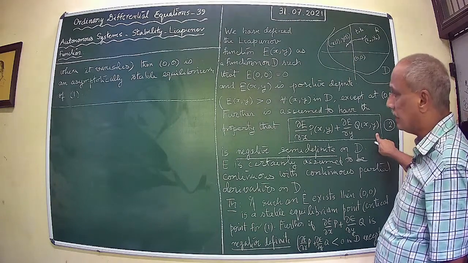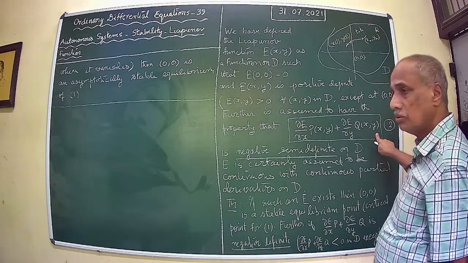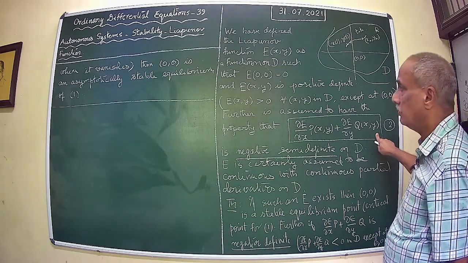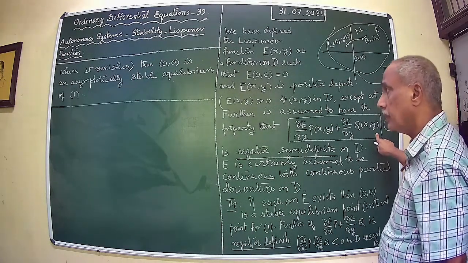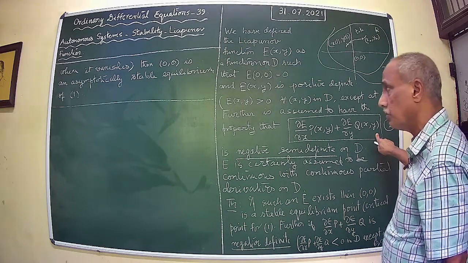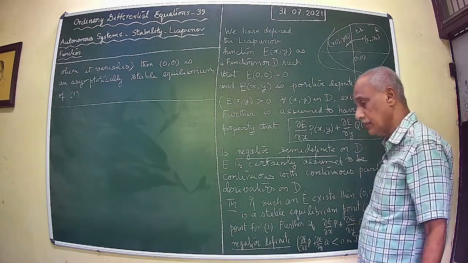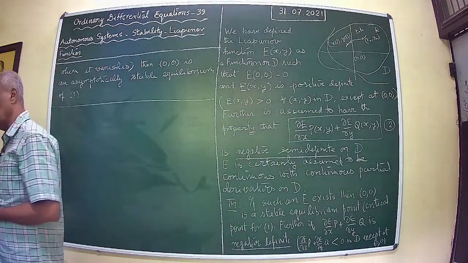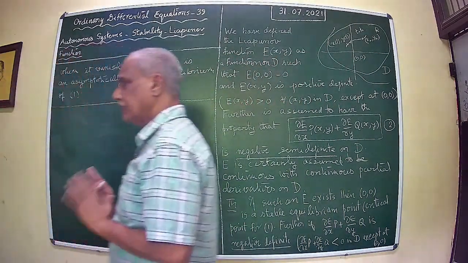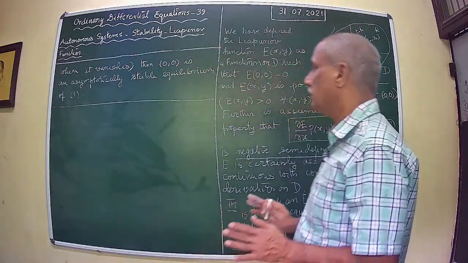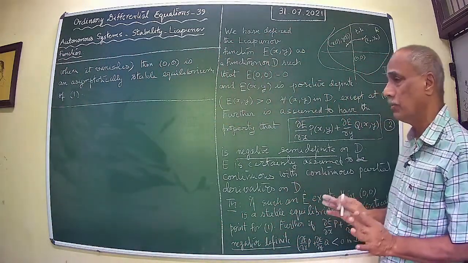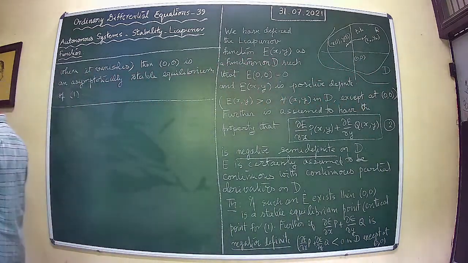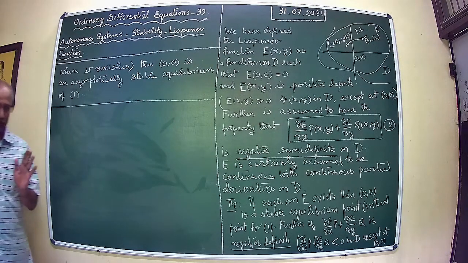Suppose we strengthen that condition to negative definite, then you get not only stability, the 0 0 is a stable equilibrium, not only 0 0 is a stable equilibrium point, but it's also asymptotically stable. Now there is a difference between what you mean by a stable equilibrium point and an asymptotically stable equilibrium point.